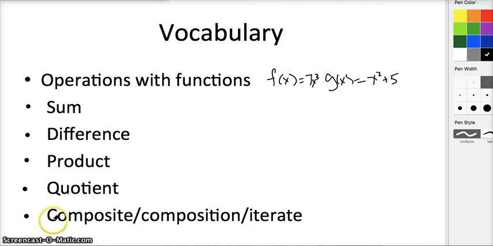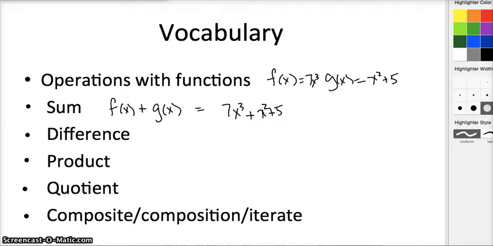But then we have another thing we're going to talk about, which is the composition of them. So in a way, it's like a new operation in a sense. The sum of f of x and g of x as we have it here would be simply adding those two functions together, and so we would get 7x cubed plus x squared plus 5, recognizing that f of x, I'm going to highlight in purple here, is defined as 7x cubed, and g of x, which I'll highlight in red rather, is defined as x squared plus 5.